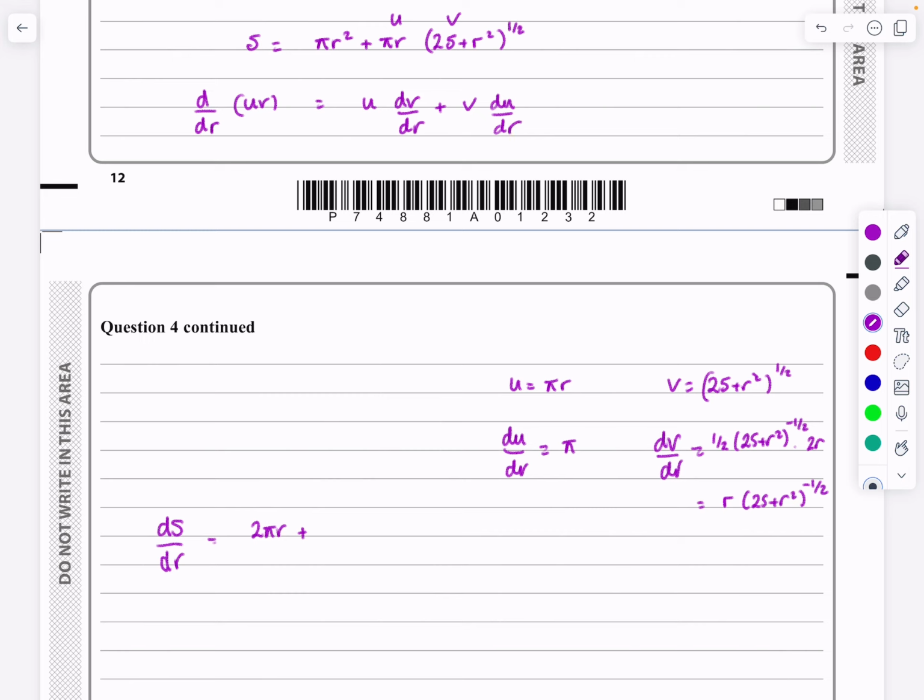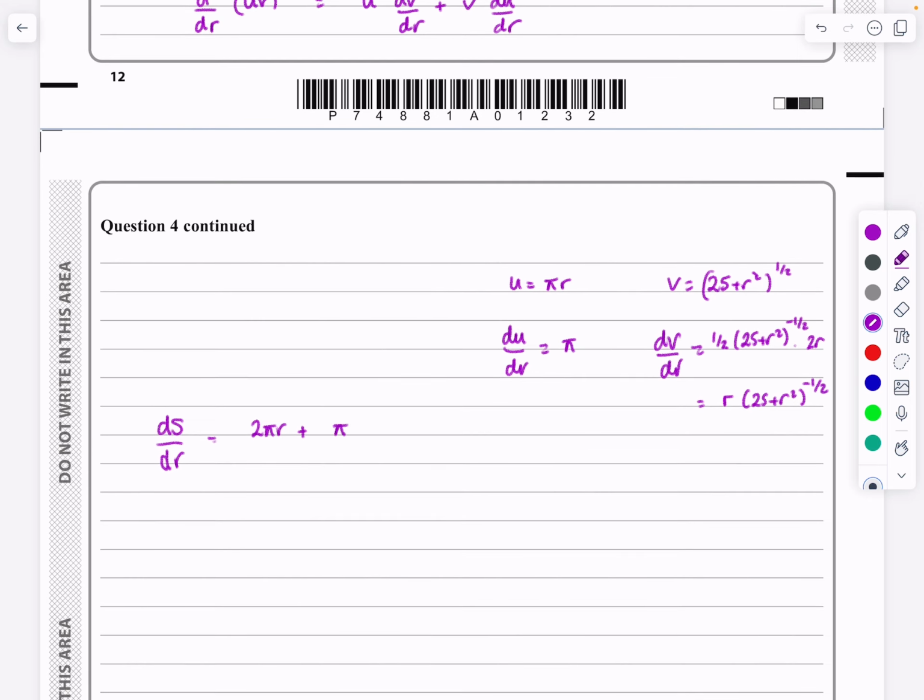But nobody's going to worry about that. So u dv is going to give me pi r, and then r times 25 plus r squared. Sorry, there's something wrong with it. I can't write this today. To the minus a half.